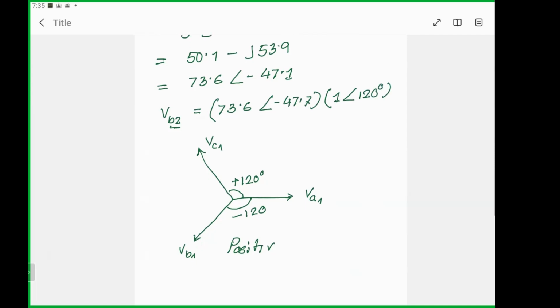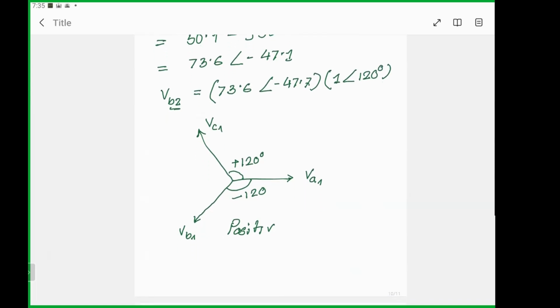If you do this multiplication, we will have 73.6 and the angle becomes 120 minus 47.7, that gives 72.3.